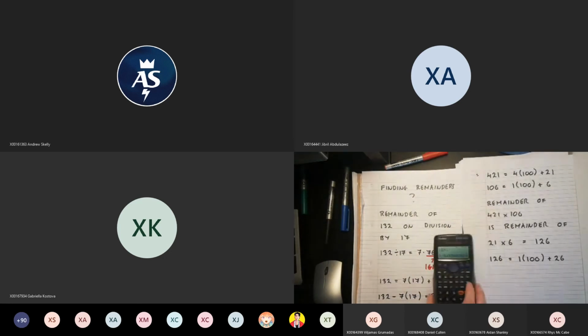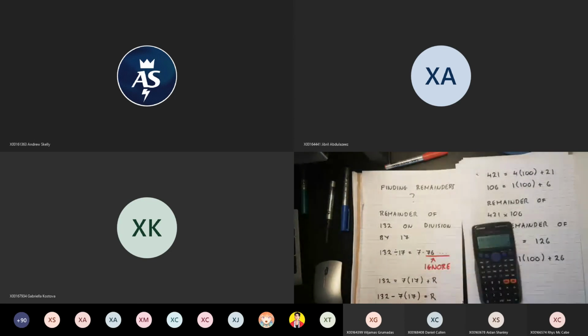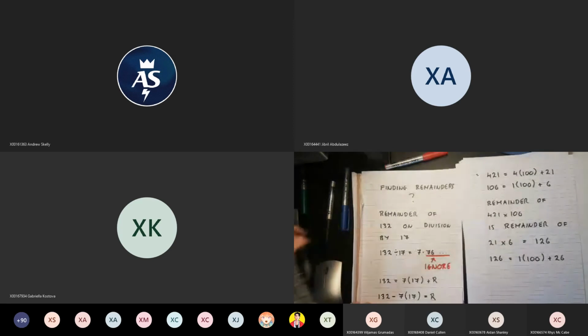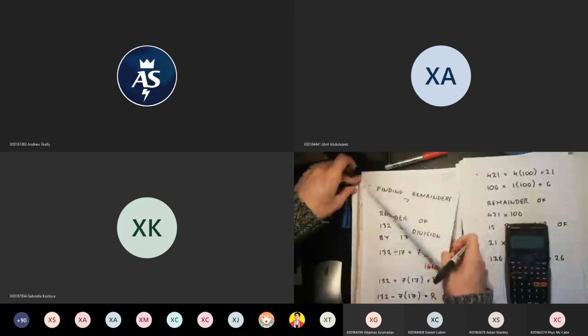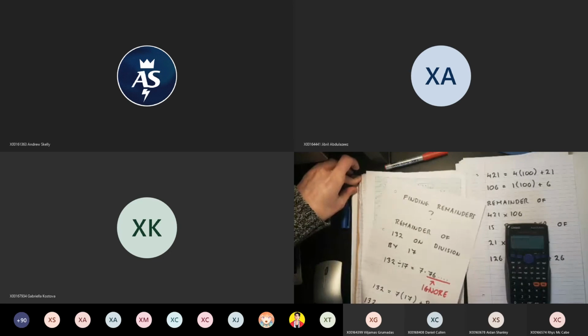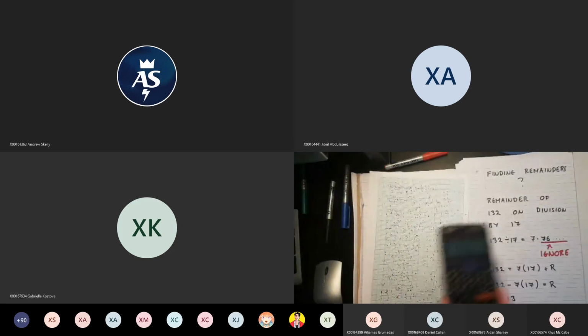Now I just put this into my calculator. 132 minus 7 times 17, and I will get the number 13. So that's equal to 13. This means that the remainder of 132 is 13 on division by 17. And of course, we could say congruent or equivalent to.